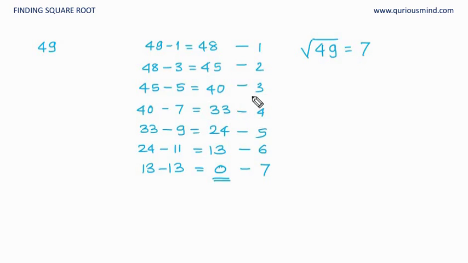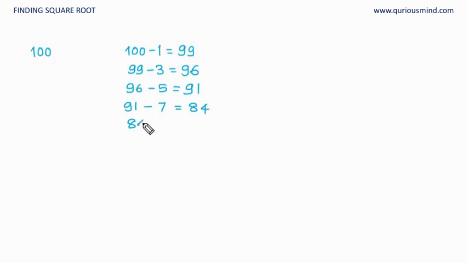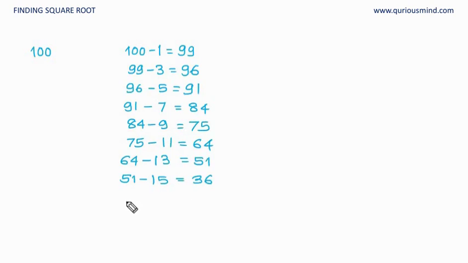Let's take a few more examples. Let's take 100. So we reach 0, that means 100 is a perfect square, and to know the square root, we'll count the steps.